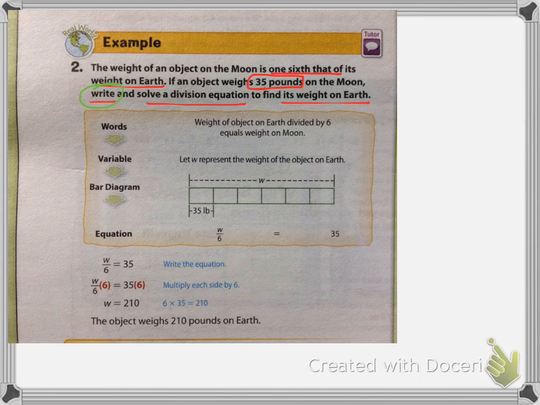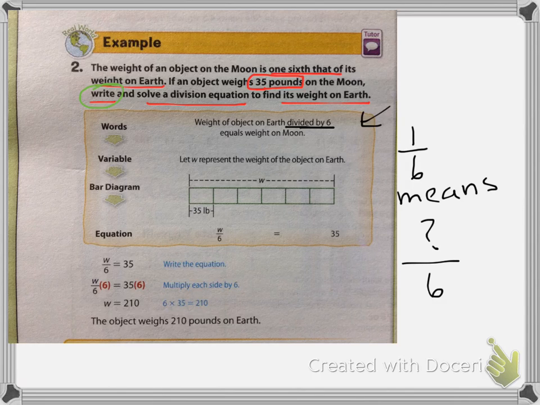And that's important because a lot of students forget to write the original equation. They just want to go straight to solving it. So let's look and see how they've done it. What they're looking at in words is the weight of an object on Earth divided by 6, because 1/6 actually means the same thing as something divided by 6.